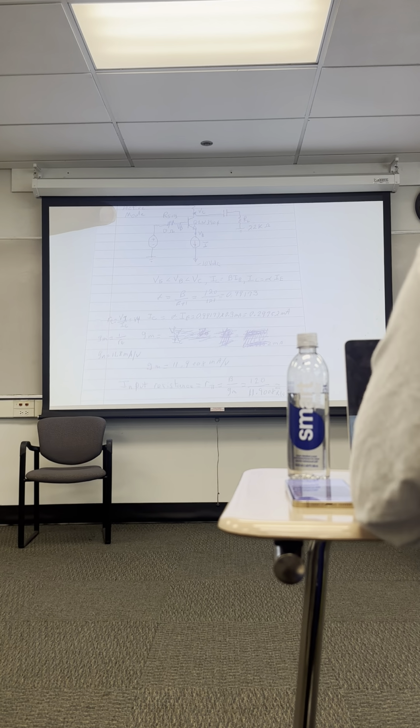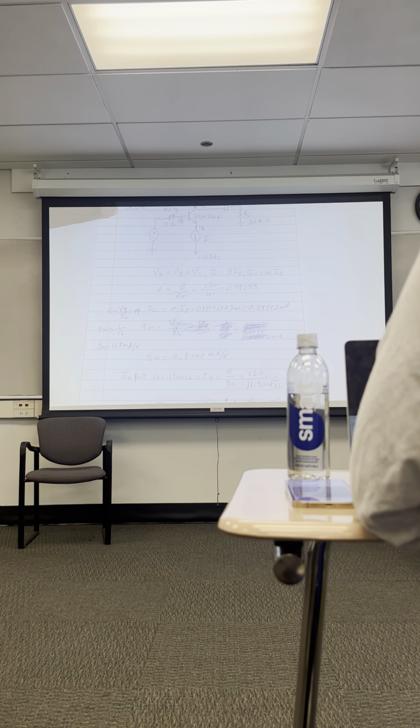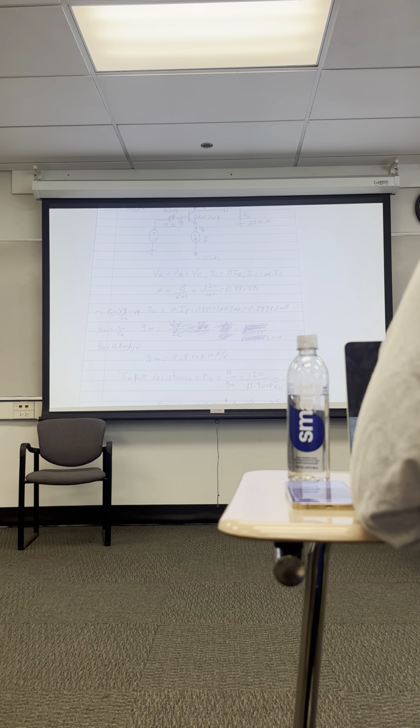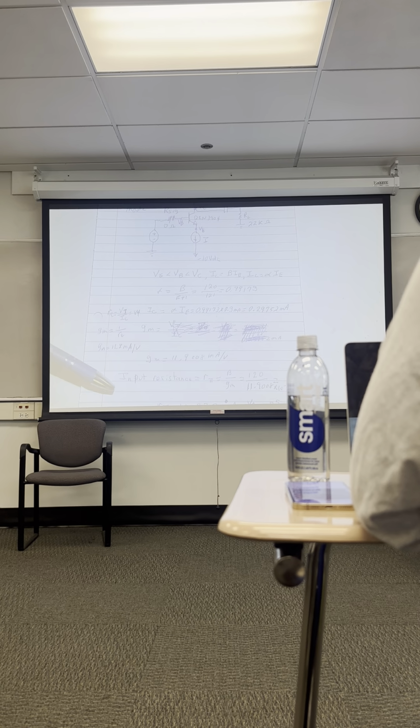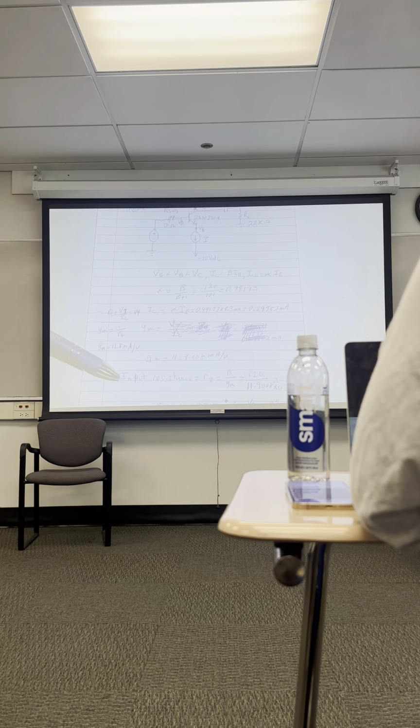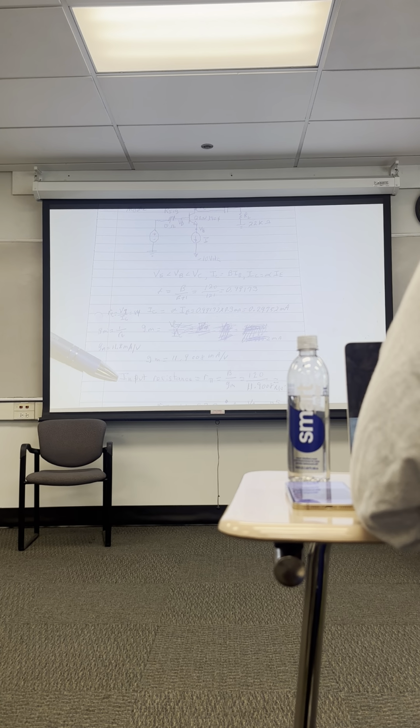And now, input resistance is beta over G sub M. It turns out in this circuit the input resistance is just R pi, because there's no resistance on the base of the transistor.